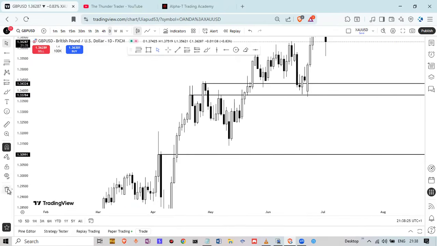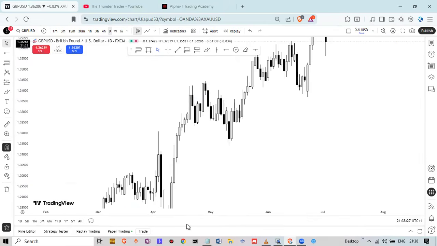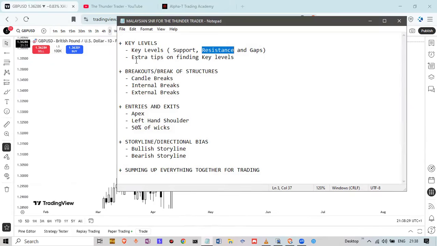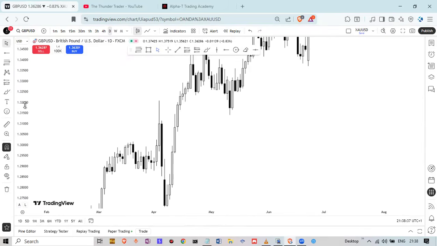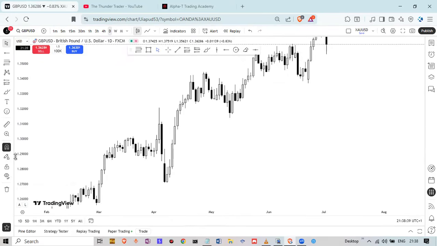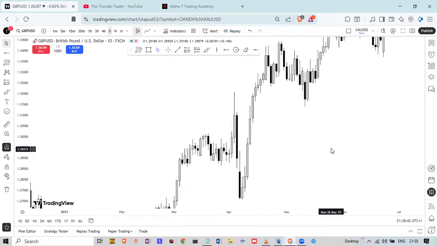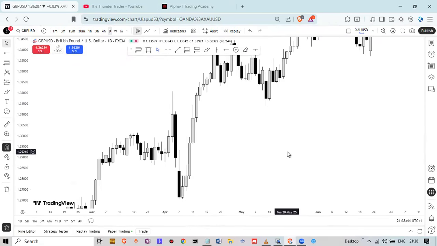Then the next thing I want to look at is some extra tips for finding key levels. These are not something you will really find in Malaysian SNR. Now, I usually use my Fibonacci whenever I see a very long wick like this.